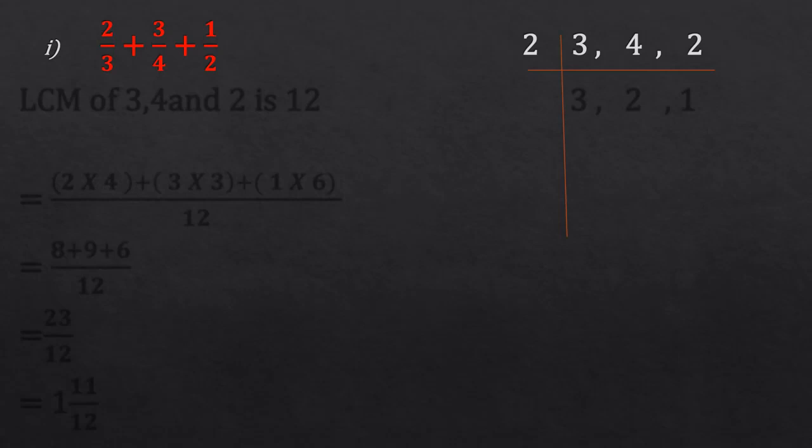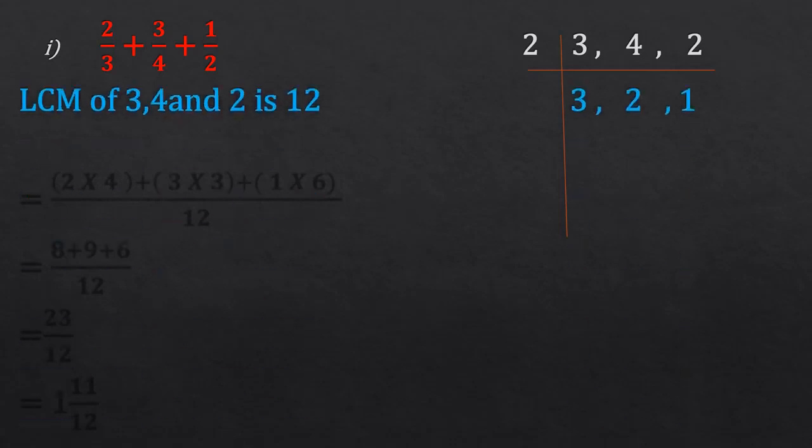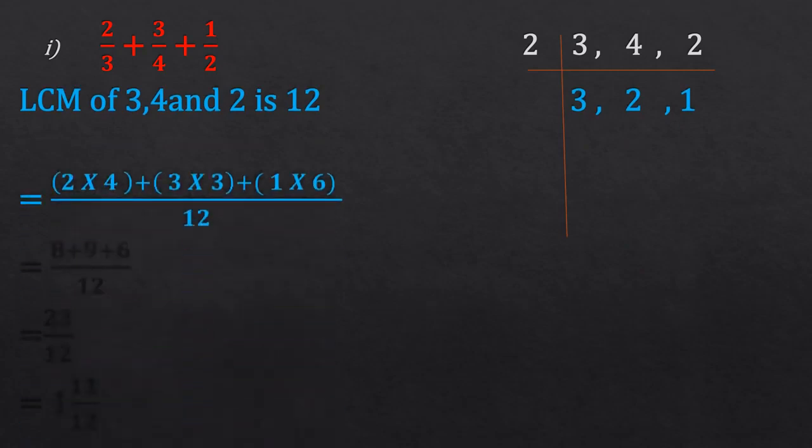So again we will take the LCM of 3, 4 and 2, which is 12. Okay, write down common denominator 12. Now what you will do? Divide this 12 by the denominator of the first fraction, that is 3. 3 4s are 12. Multiply that 4 by 2. It is 2 multiplied by 4. I have kept it in one bracket for better understanding.